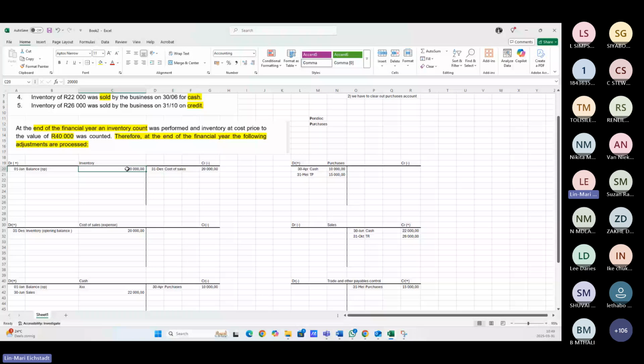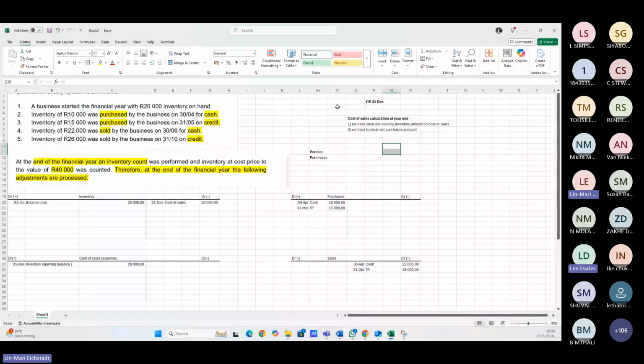When we calculate our cost of sales at year end, these are the steps we need to follow. The study guide also gives us a formula, which is that our cost of sales equals our opening inventory plus any purchases that we have minus our closing inventory for the year.